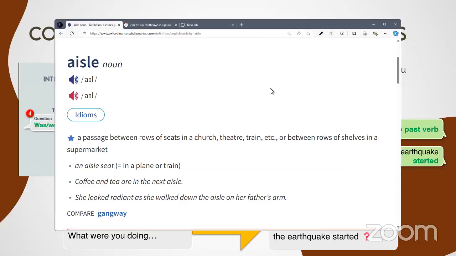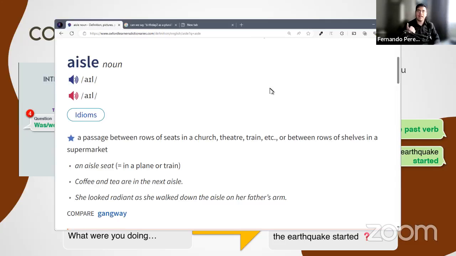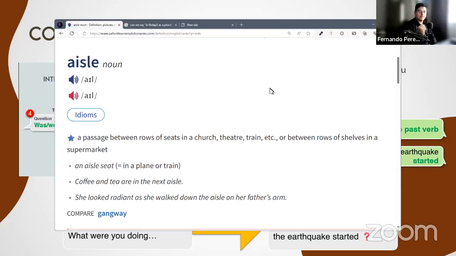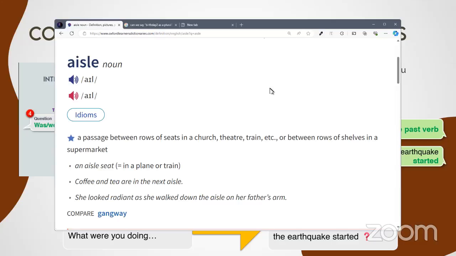I don't know, we need to check the difference between a and the. You know what I mean? Actually, I went to the central aisle.